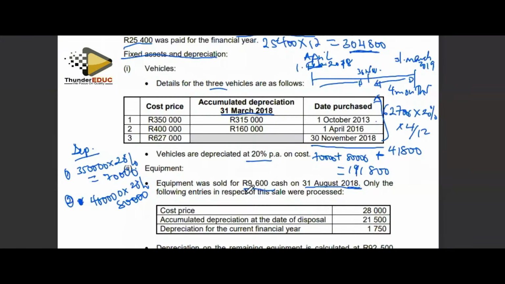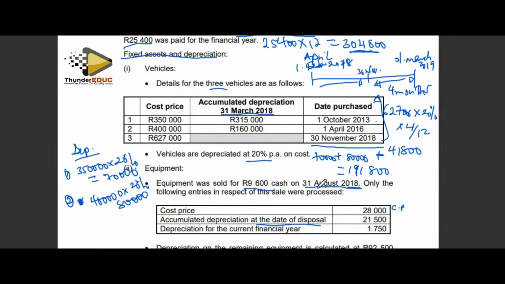All of the following entries in respect of this sale were processed. Cost price. This equipment which was sold, this is its cost price. Then its accumulated depreciation on the date of sale, date of disposal. Disposal, remember, means getting rid of.